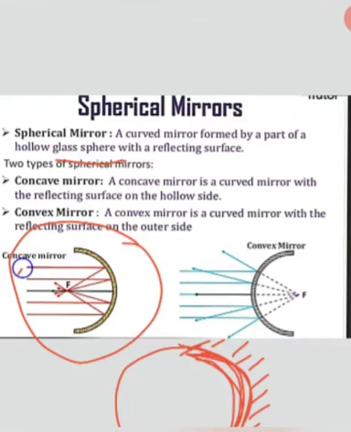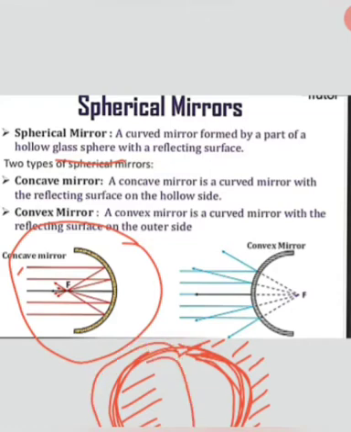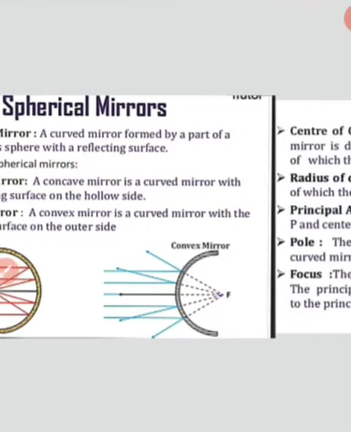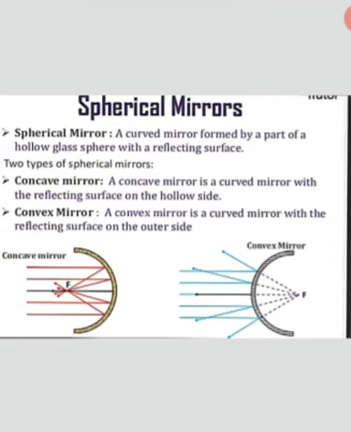On the other hand, if we take this much part of a hollow sphere and polish it on the inner side, then this part of the hollow sphere is going to behave as a convex mirror. The same thing is written here. It is a curved part of a hollow glass sphere, meaning a mirror is always taken as a part of a hollow sphere.